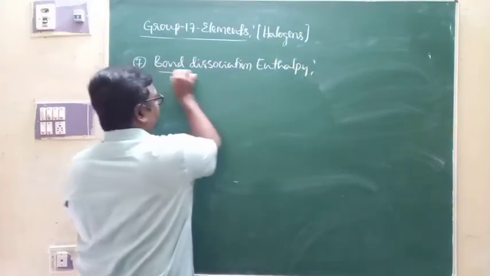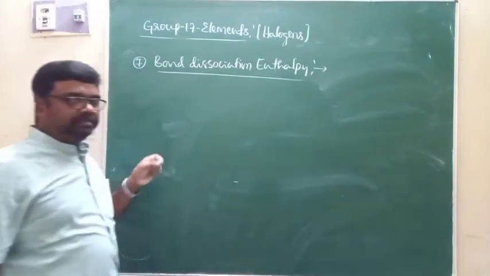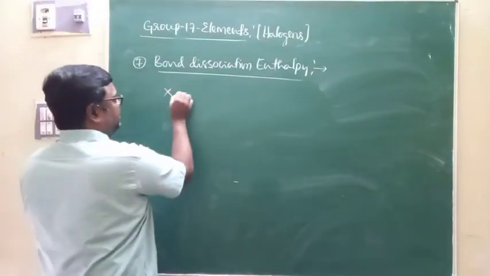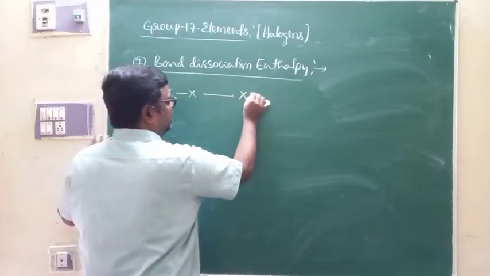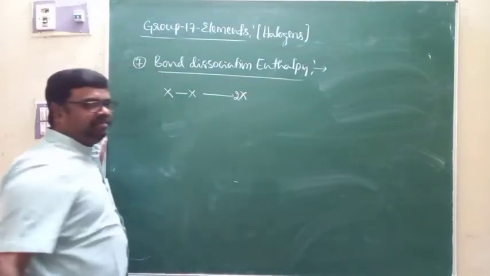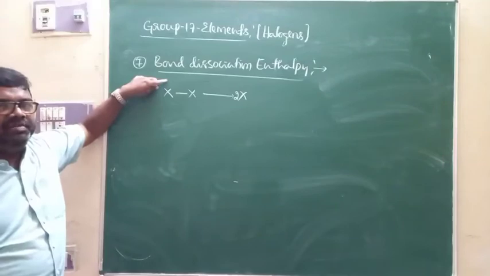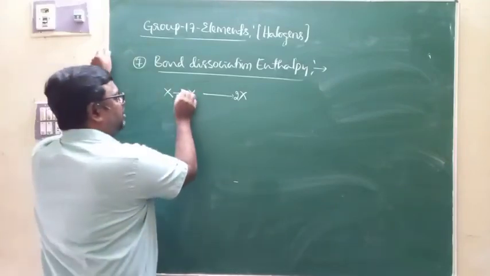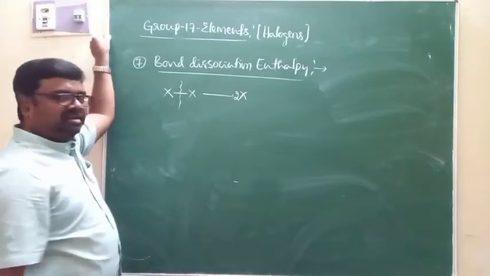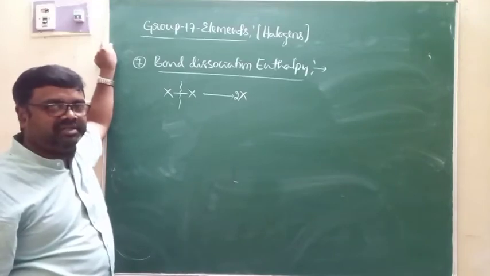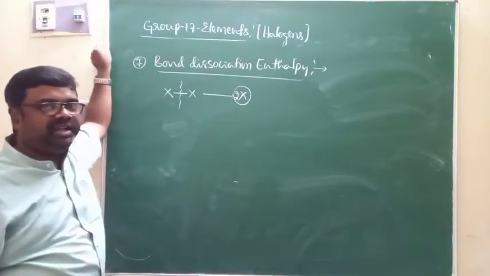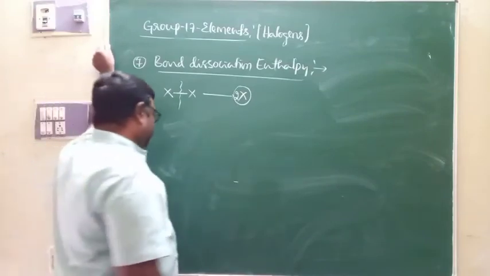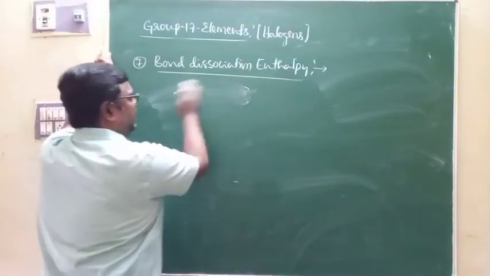Bond dissociation enthalpy: if I say this is a bond between two halogen atoms, it can be broken by supplying energy. The amount of energy required to break 1 mole of bonds between two halogen atoms into the corresponding gaseous atoms is what we call bond dissociation enthalpy.